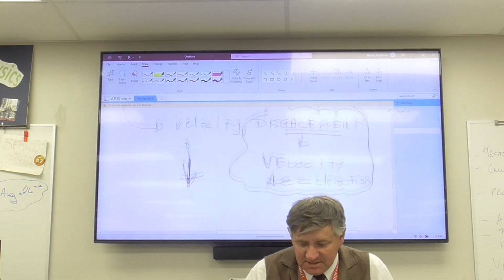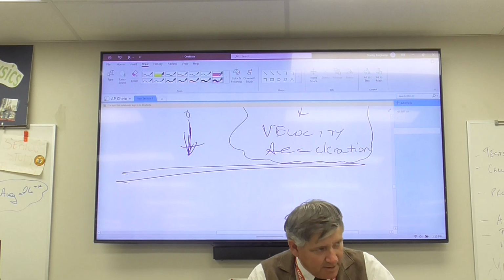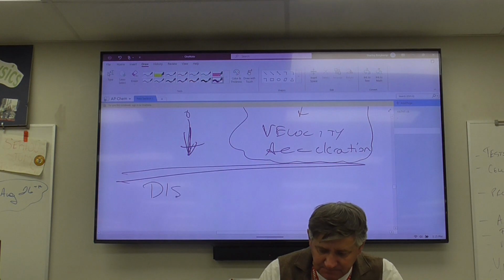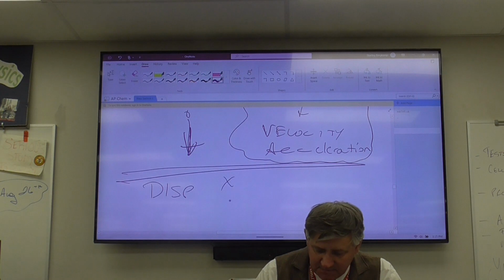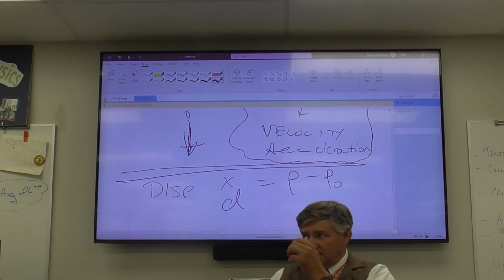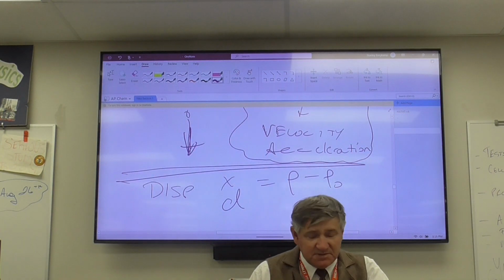Now, displacement has a very specific mathematical way to calculate it. Technically, displacement, usually shown by x, sometimes you'll see it shown as d, is position final minus position initial.